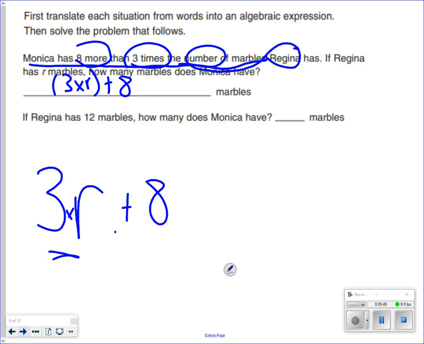Also, if you have a number right next to a letter, 3R plus 8, that also means multiplication. So, if Regina had 12 marbles, how many does Monica have? Well, that means we put a 12 into this. 3 times 12 is 36, and 36 plus 8 gives us 44 marbles.